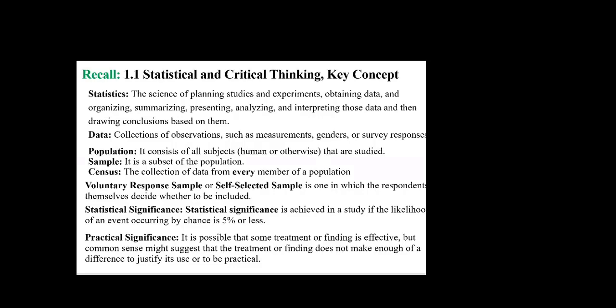Statistical significance versus practical significance. Statistical significance is achieved if the probability of an event is 5% or less. And practical significance, in short, refers to whether it's worth it or not as far as the human being is concerned, which is normally subjective.